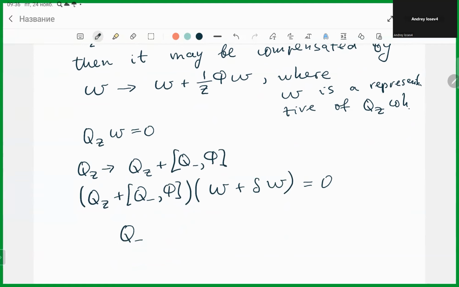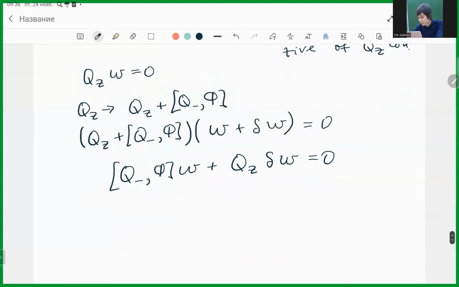So how to solve it? I need to solve the equation: Q minus phi applied to omega plus Q_Z delta omega equals 0. We consider phi to be small, so it's better to introduce a small parameter epsilon, and then we put epsilon also here.